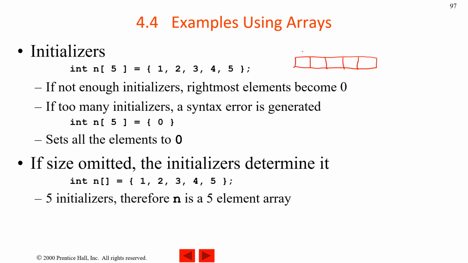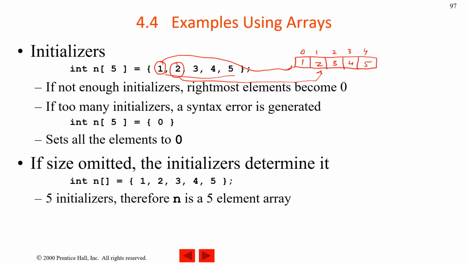The indices are 0, 1, 2, 3 and 4, and the values will be 1, 2, 3, 4 and 5. So what I am saying here is, this is the initialization. The first element goes to the first location, the second element goes to the second location, and so on.